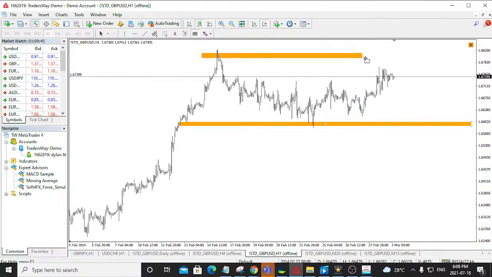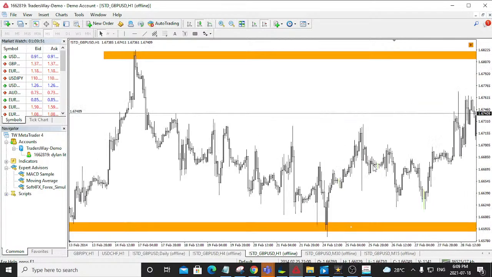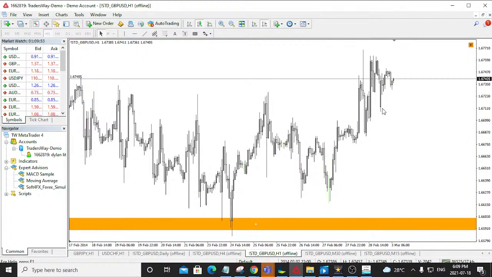So we have this top that price might want to visit, and we have that low that price might want to visit. And then we're gonna zoom in here, see what's been happening. We have right here a whole lot of range.